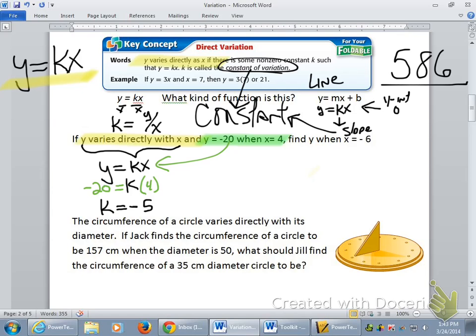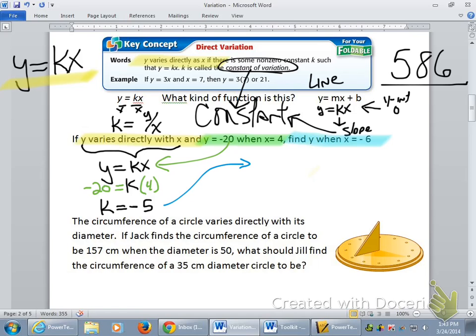So now that I know that it varies directly with x, and I used my green information here to find my constant k, is that k going to be the same throughout the rest of the problem? Yeah. So now I can come over here and use that k to figure out what's missing.